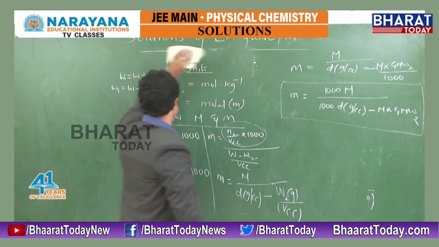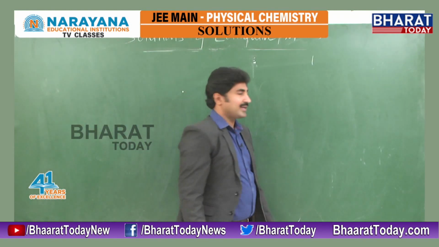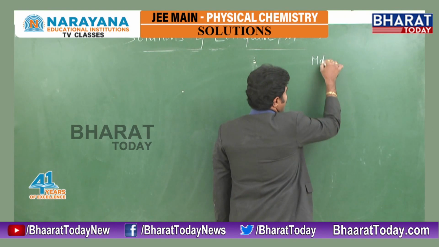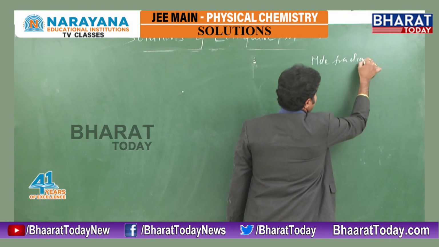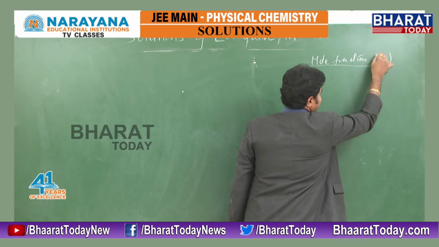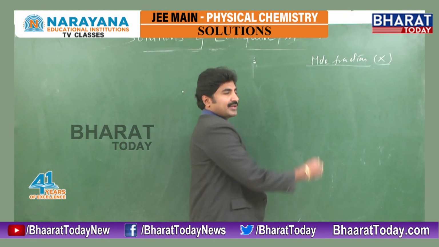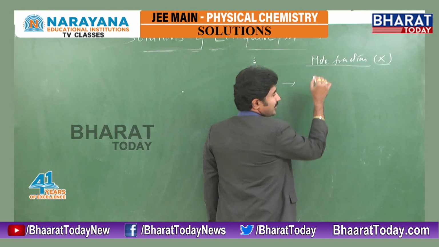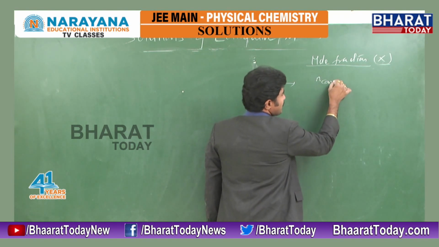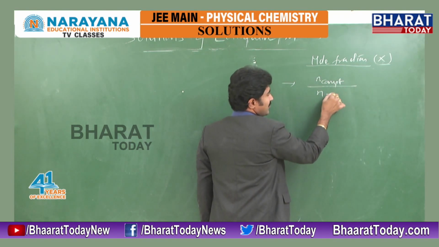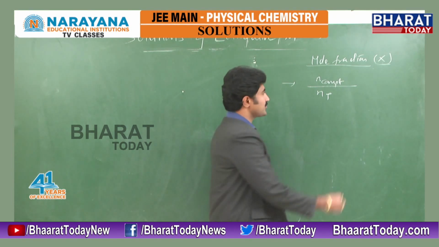The next concentration method is mole fraction. This mole fraction is denoted by X or chi symbol. It represents number of moles of a particular component by total number of moles of all components in the solution.